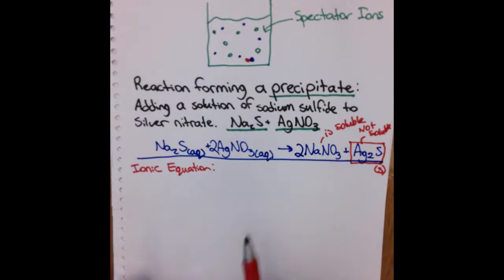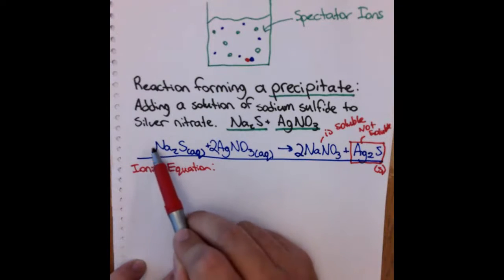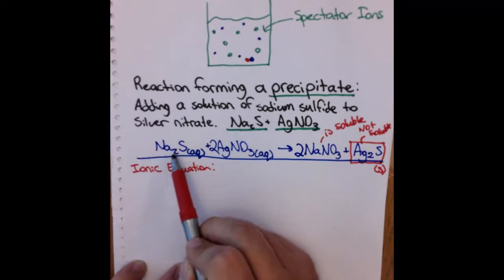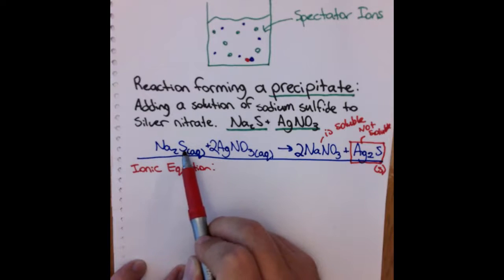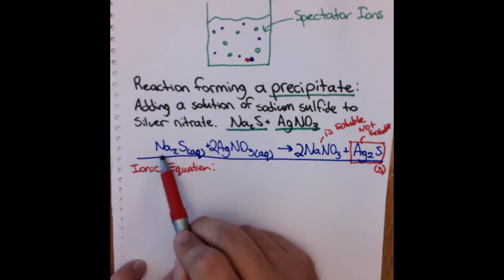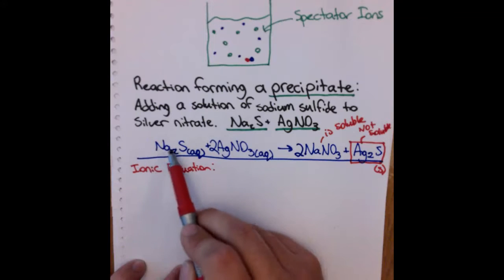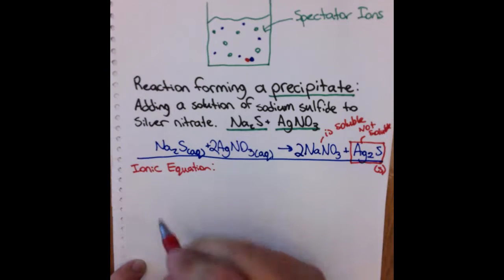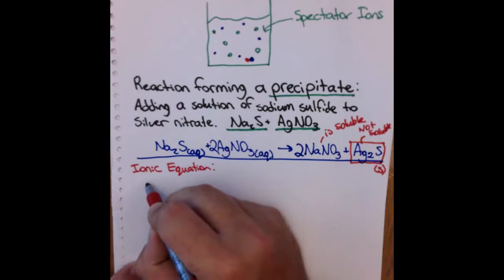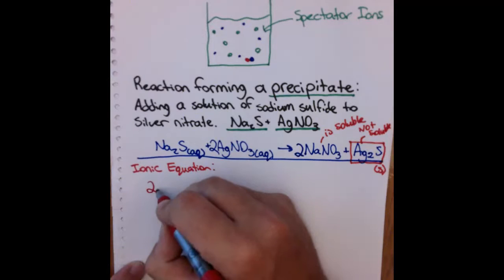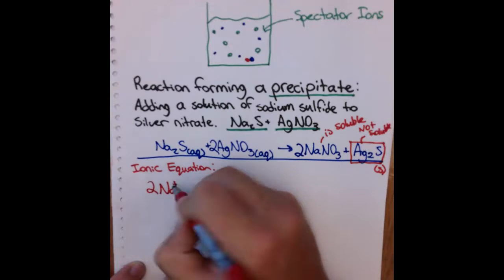So now we can write our ionic equation. Let's start off with our very first thing. We have Na2S, which has 2 sodiums. So instead of writing Na2, we're going to write 2 Na+.